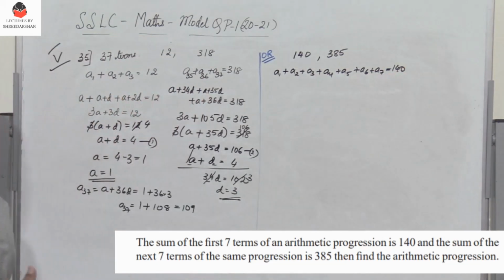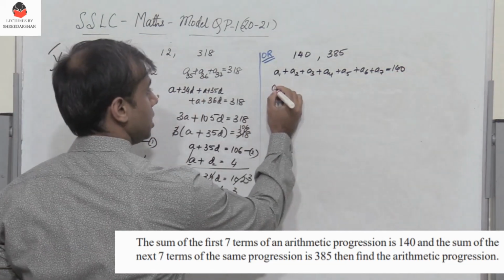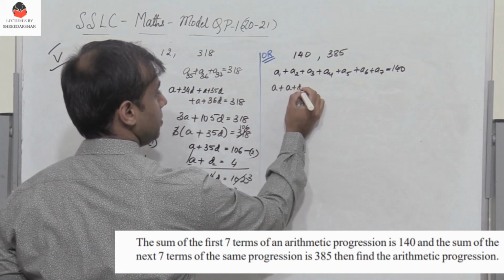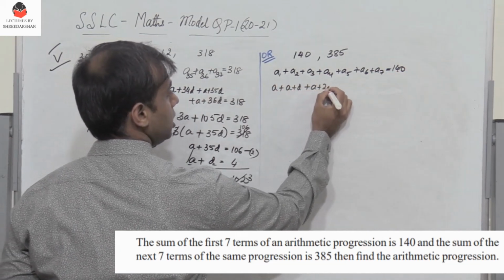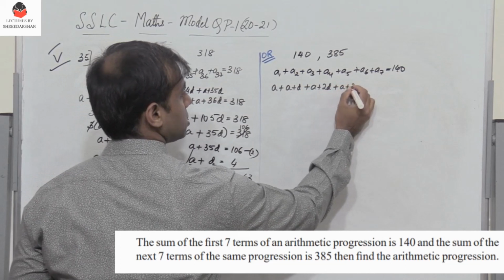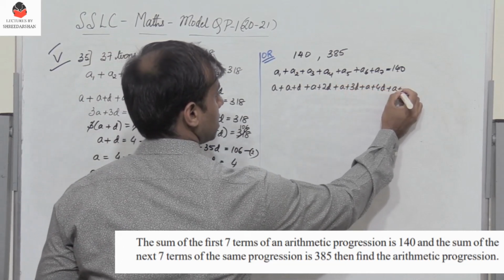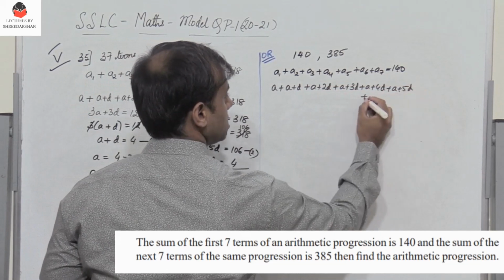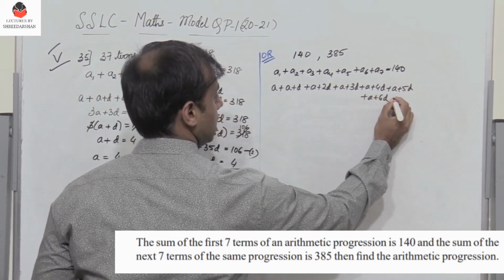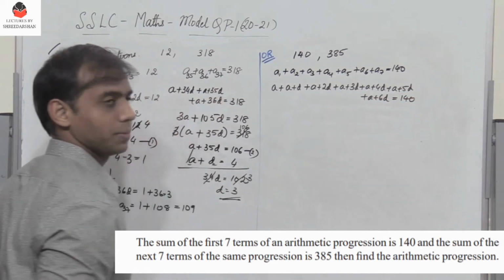So this is possibly one of the easiest ways to do it. The first term is a, the second one is a plus d, then I have a plus 2d, then a plus 3d plus a plus 4d plus a plus 5d plus a plus 6d equals 140.